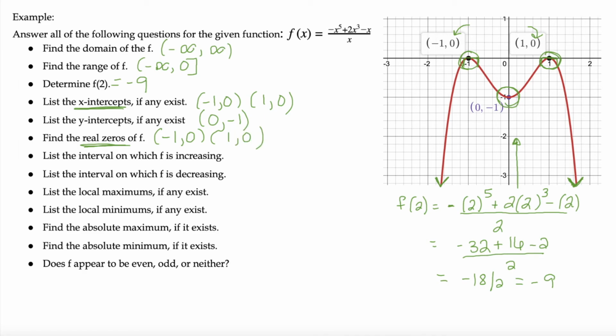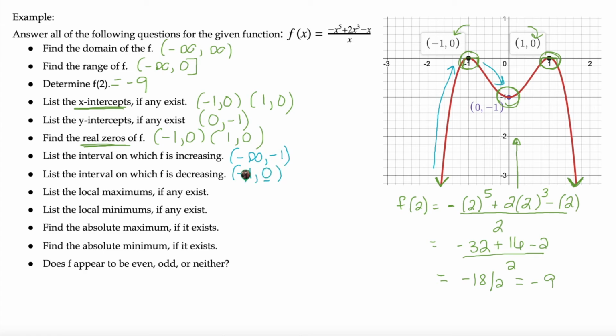All right, now we're looking for where we are increasing and where we are decreasing. Starting from left to right, from negative infinity to the x value of negative 1, I am increasing. Then I hit that x-intercept, and then I'm going to be decreasing until I hit that y-intercept. I'm decreasing from -1 to 0.